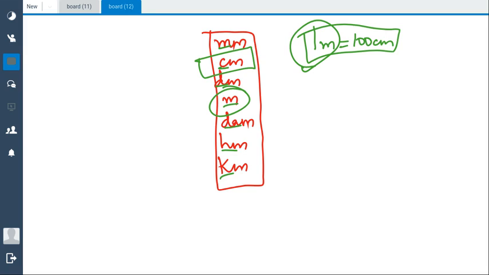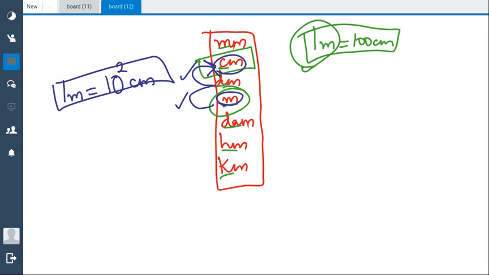You go from the bigger unit, meter, to the smaller unit, centimeter. How many steps do you need to jump? 1, 2. So from the bigger unit to the smaller unit, first write 10 and then the number of steps, 2. This is your answer.